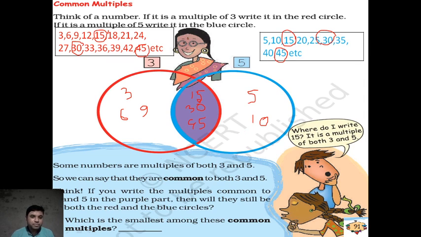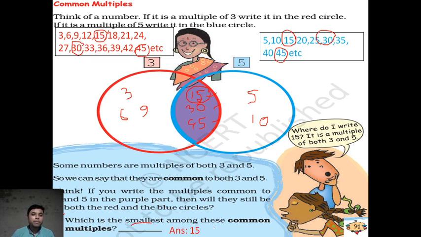Now come here. Which is the smallest among these common multiples? Look, what are the common multiples? 15, 30 and 45. So which is smallest? 15 is the smallest. So write the answer 15. Is it clear, my dear student?